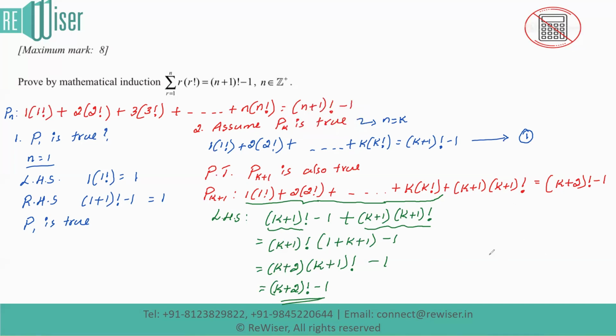So in the final statement, we have to write that we have got P of 1 is true, and P of k plus 1 is true whenever P of k is true.